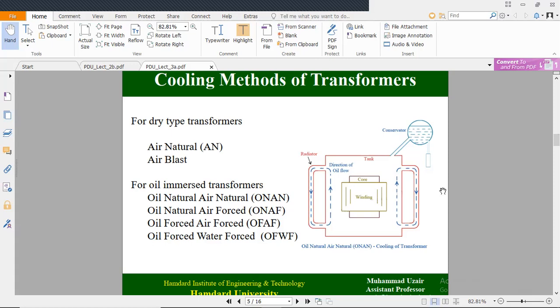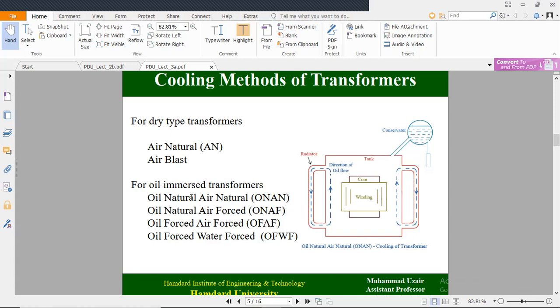Blasting means providing air at high pressure to cool down the fins of the transformer, and this is a force-based cooling mechanism of distribution transformer, not a natural one. This is the way we can cool down the transformer fins more, and also reduce the internal temperature of the transformer, as the fins play their part as a radiator.